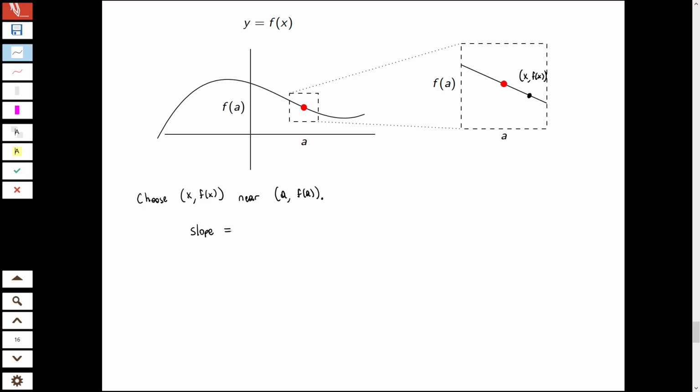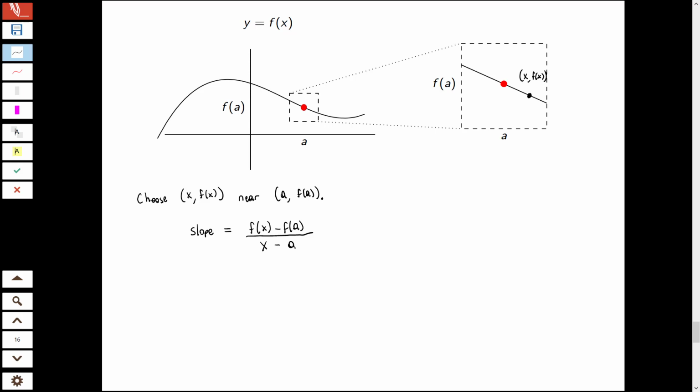So if I do the change in y over the change in x, let's do f of x minus f of a for the change in y, and then over x minus a for the change in x.